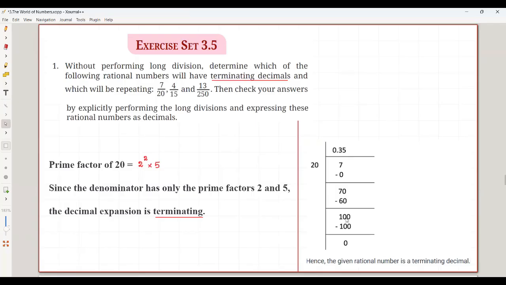Now again we have to take a 0. In 100, how many times 20? 5 20s are 100. So the remainder is coming as 0. If you divide 7 by 20, the answer is 0.35. It's a terminating decimal. We have done the long division for checking the answer.